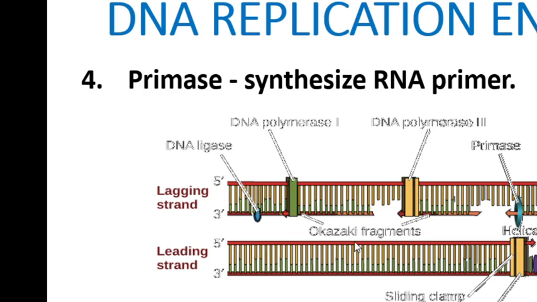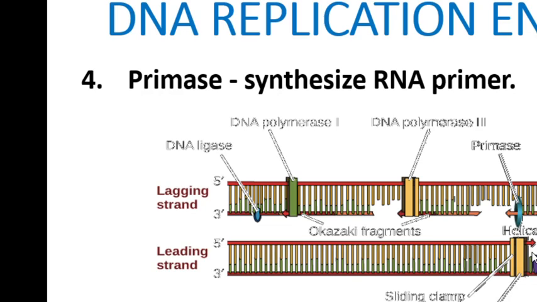So in your lagging strand, as you can see, literally may lag. There is a space or a fragment. Okay, so we are calling that Okazaki fragments. We will learn later why there are Okazaki fragments in our lagging strand, and why the leading strand is just straight.